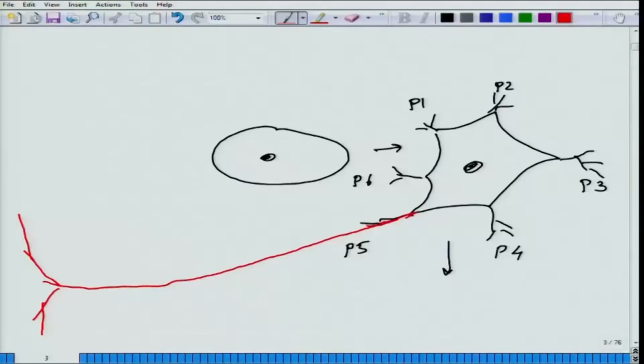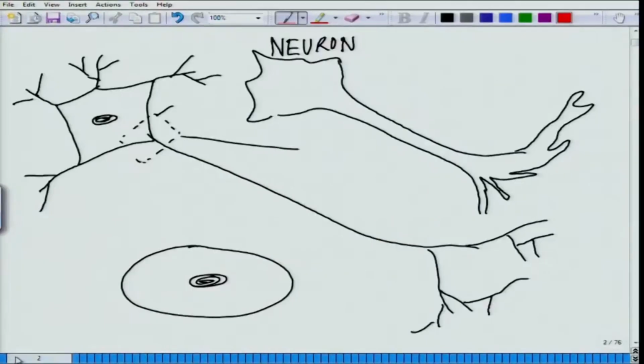So, this longer process, if I go back to my previous slide, this longer process is called axon, A-X-O-N, the longer one. These smaller processes are called dendrites, and these dendrites form a huge mesh out here, or network.